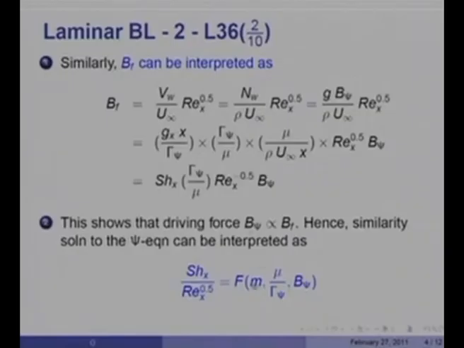M again here is the pressure gradient parameter, of course, but the Prandtl number is replaced by mu by gamma_psi, which is the Schmidt number, and B_f is replaced by B_psi, which is the driving force for conserved property psi.